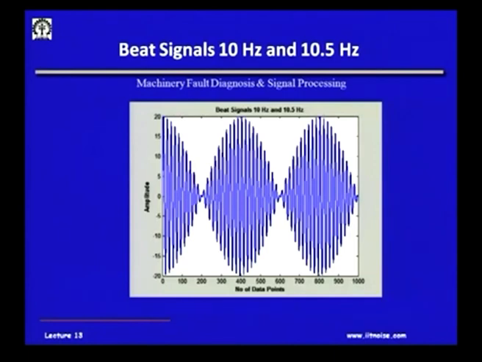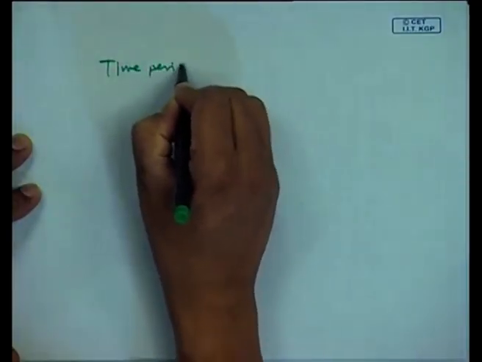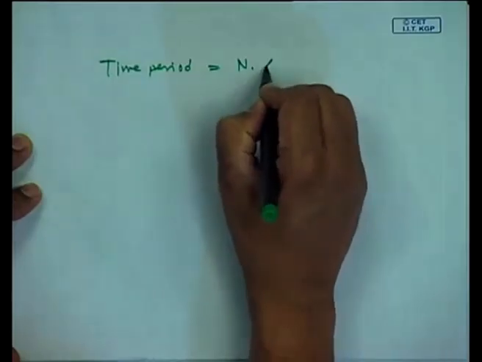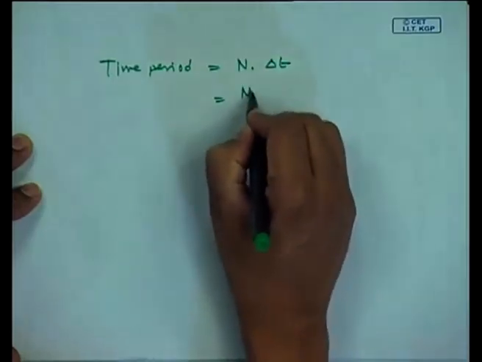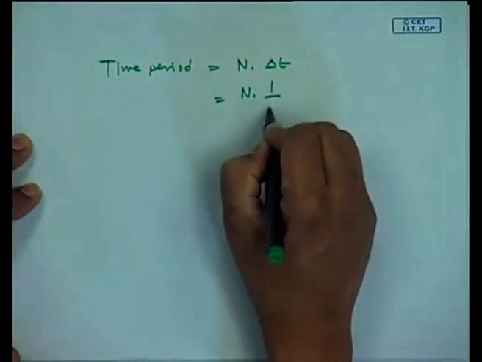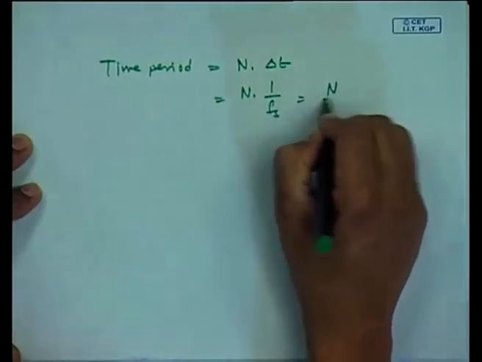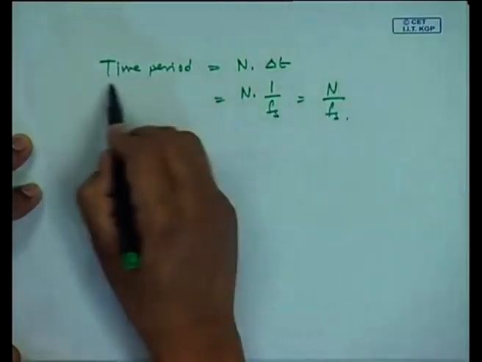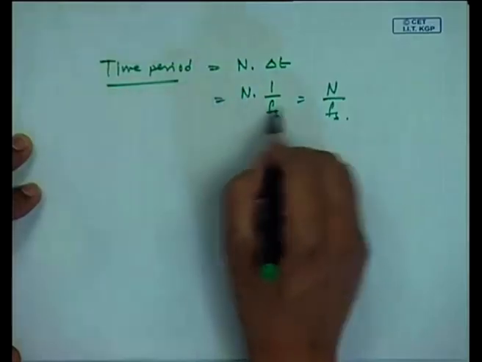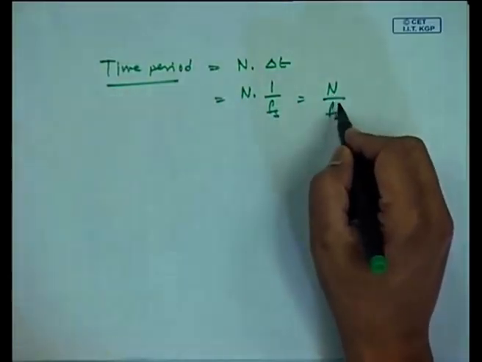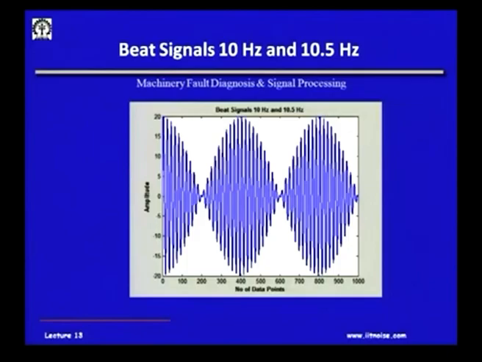Just to recollect, the total time period is N times delta t, which is N times 1 by fs, that is N by fs. So for a block with N equal to 1000, you will get that many seconds here. Now, I am interested in finding this envelope here.